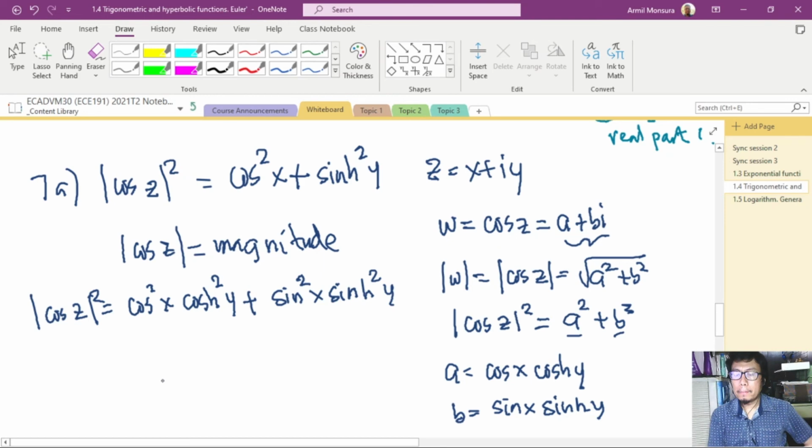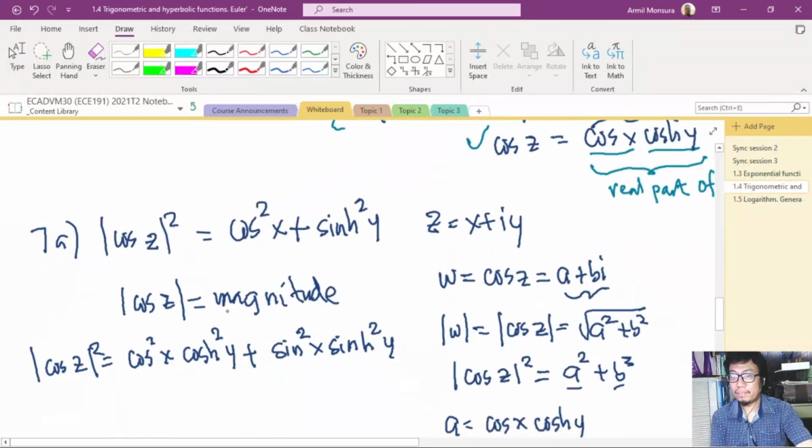Now, there is this identity. Again, you have to review your trigonometric and hyperbolic function identities. But two of those, one from the trigonometric side and one from the hyperbolic side, we will use in order for us to manipulate this into the form given by 7a.